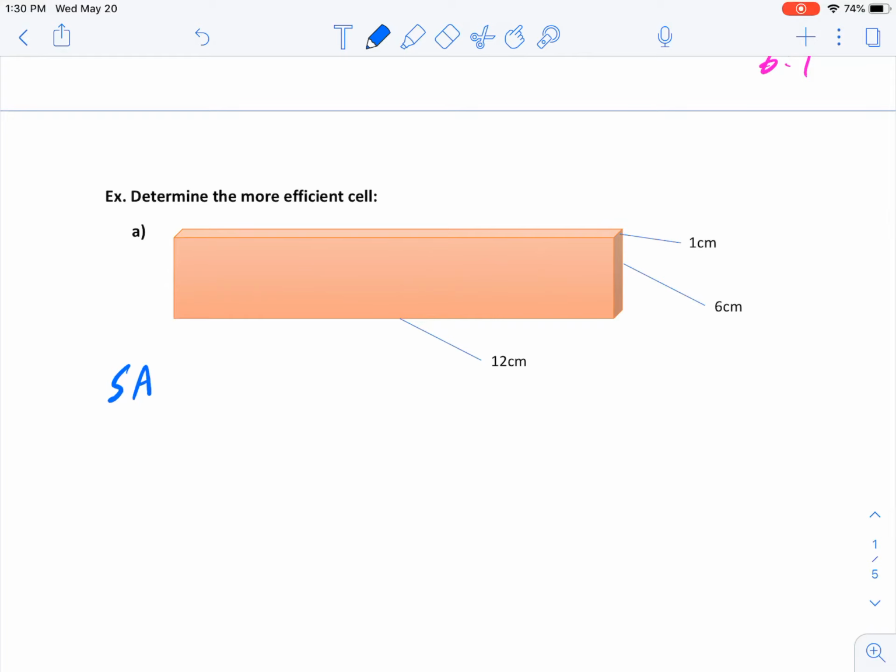Let's find the surface area first for this one. It's going to be base times height times 2 plus base times width times 2 plus height times width times 2.